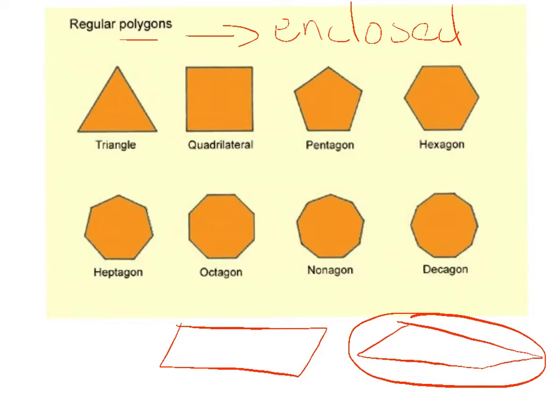What we're going to look at is whether, if we know these angles here, we can figure out what this angle here is. There are some quite easy rules and formulas we can follow to help us with this. So let's now have a look at some examples.